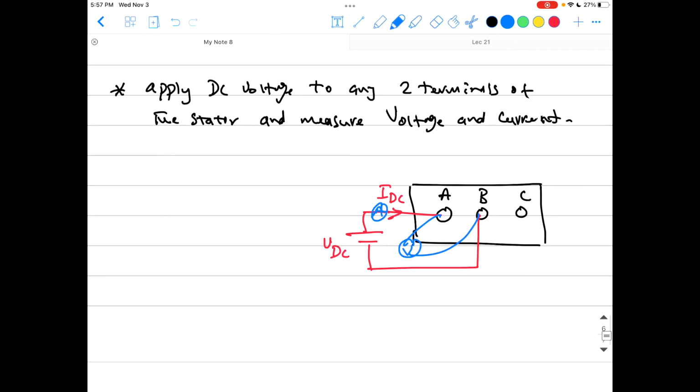Why are we just placing DC and all that stuff? If you remember, that's the same thing we did before with the synchronous machine, okay?